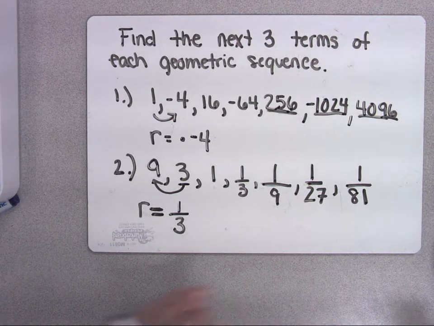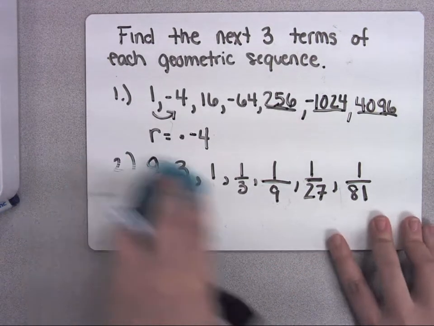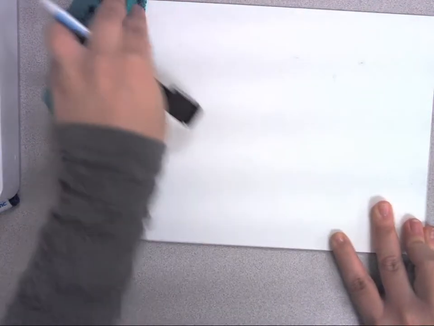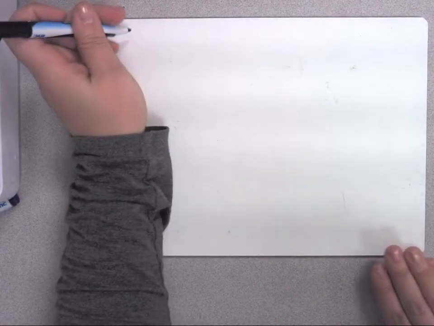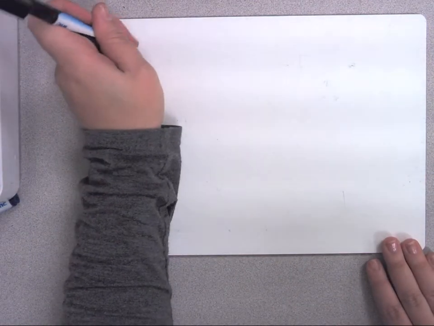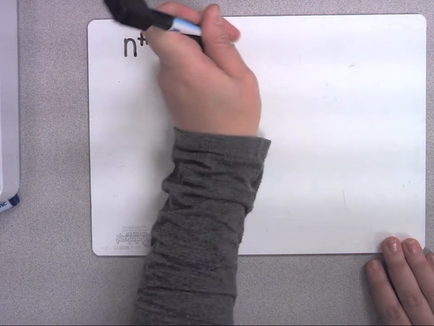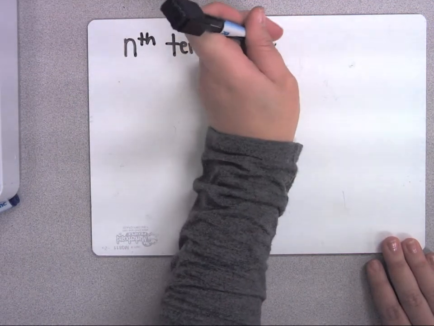Okie dokie. Now let's talk about what Lexi was talking about earlier. And the last thing, now we want to talk about the equation for the nth term of a geometric sequence.